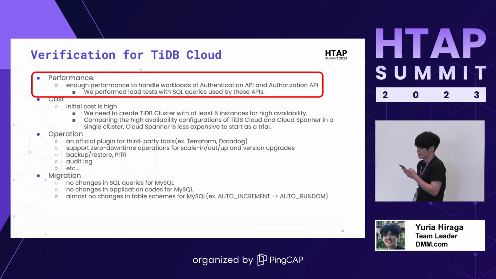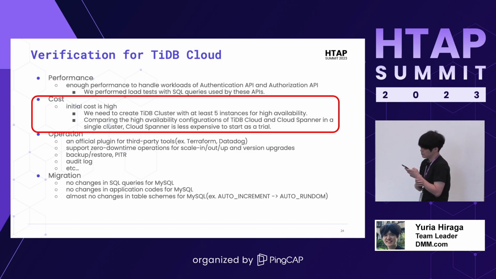We created a TiDB cluster with 5 instances, 2 TiDB servers and 3 TiKV servers, for high availability. We performed load tests with SQL queries used by these APIs, and we made sure TiDB Cloud can provide enough performance for the workload of our applications.